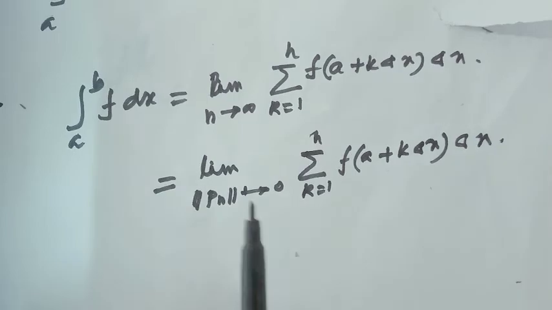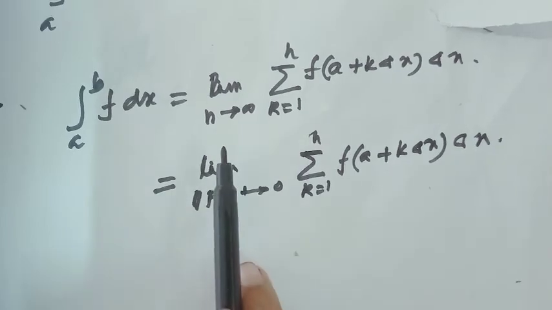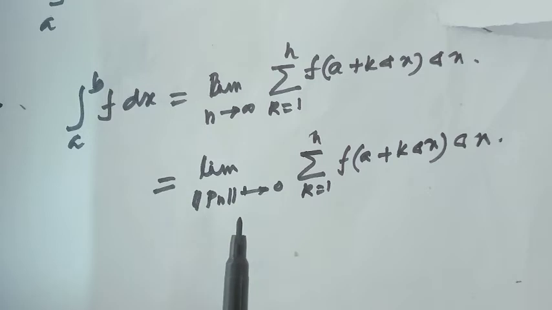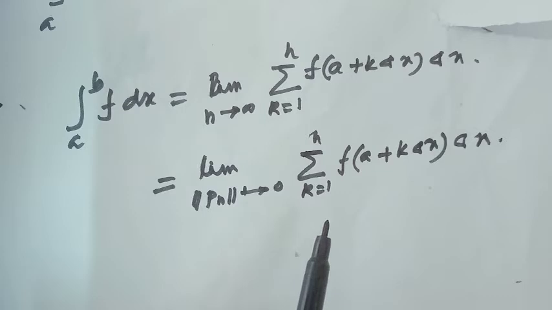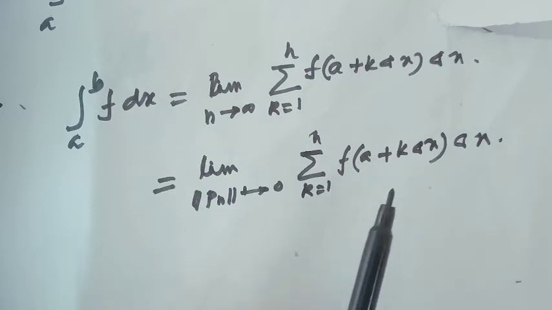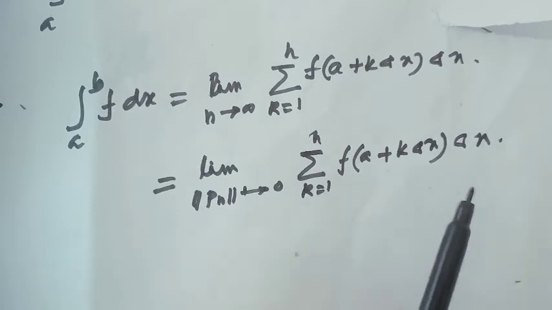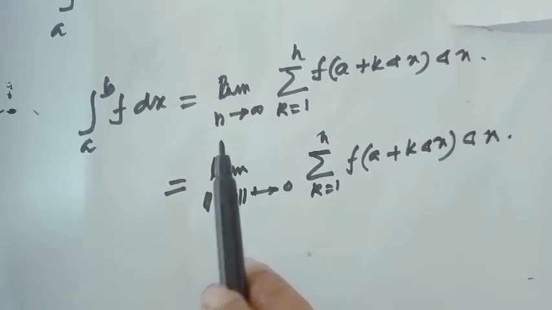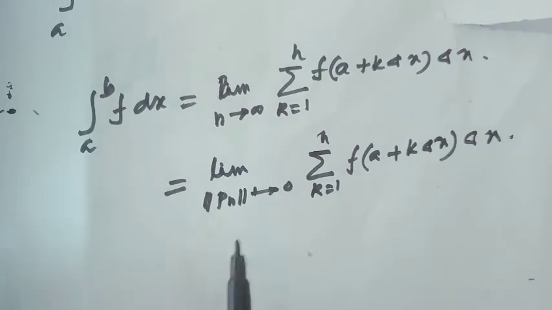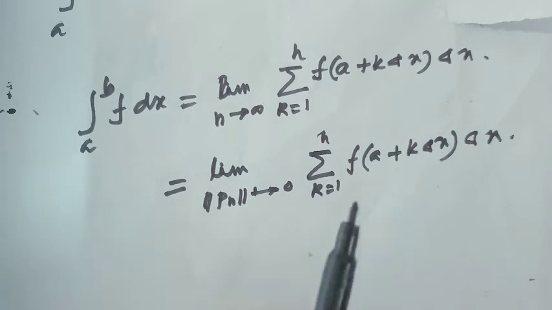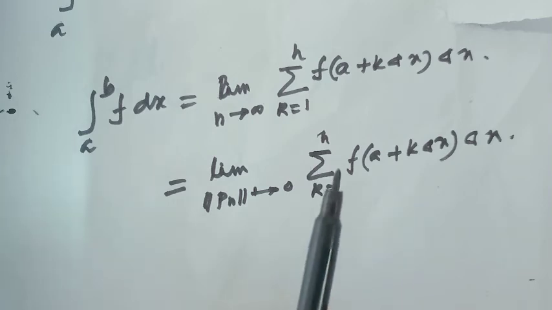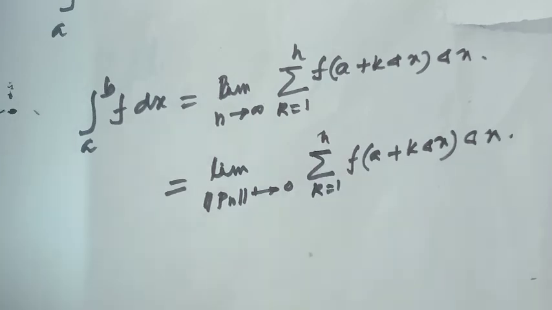Okay. So, by the concept of limit, we can write this as limit norm P_n tends to 0 of the summation k equal to 1 to n f of a plus k delta x times delta x. And here I have used norm P_n tends to 0 because if you increase the number of n, then the norm of P_n will be decreasing.